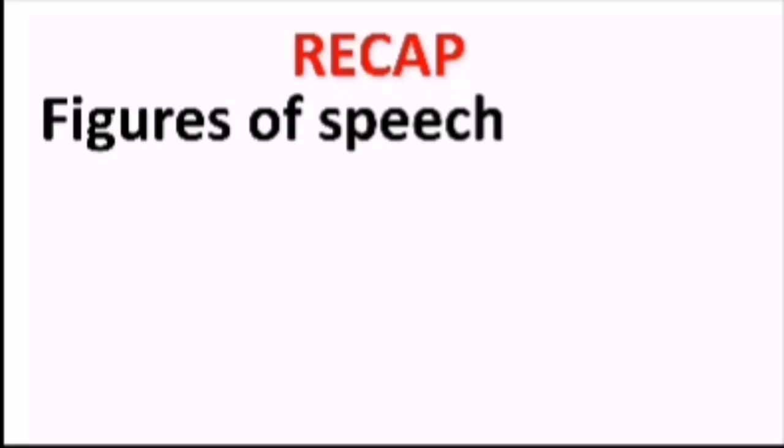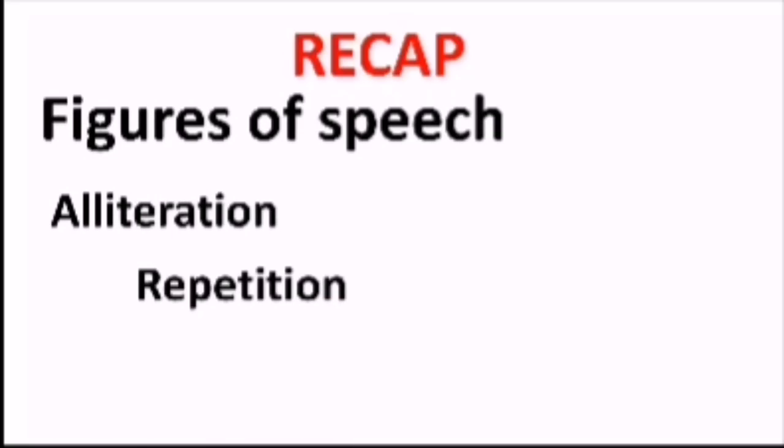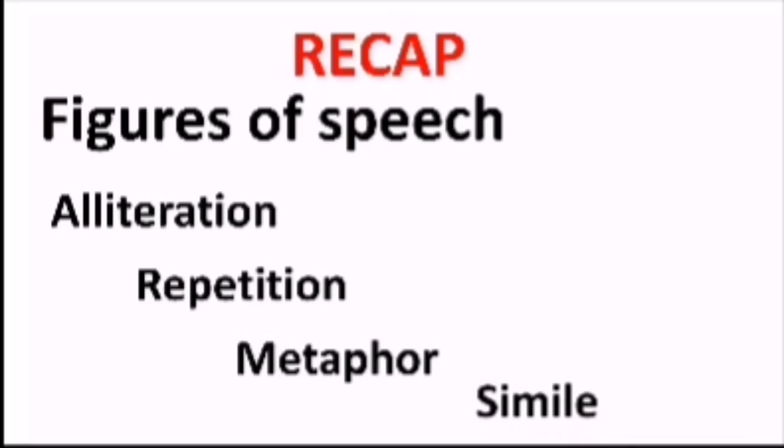Okay, now let's have a recap of what we have covered till now. In figures of speech, we have covered alliteration, repetition, metaphor, and simile in our previous class, and in today's class we did euphemism, hyperbole, irony, and oxymoron.